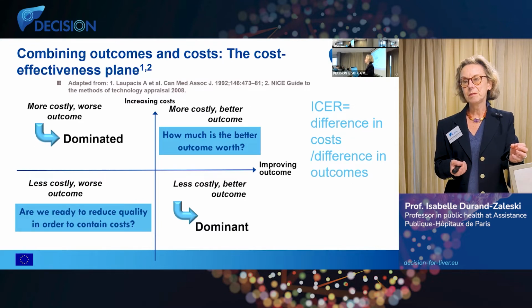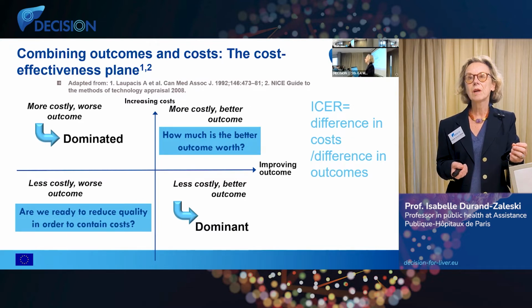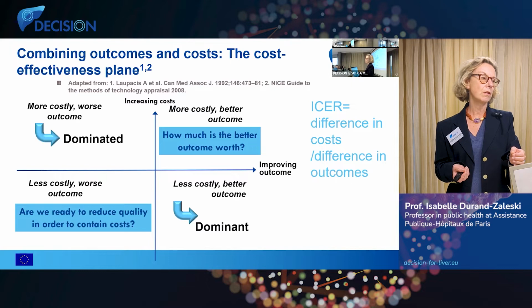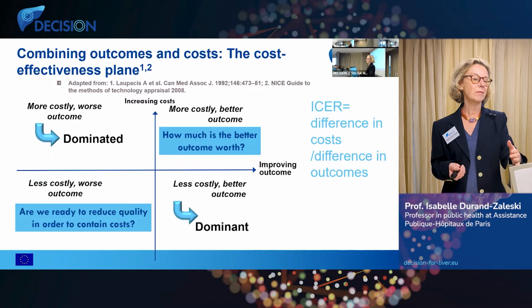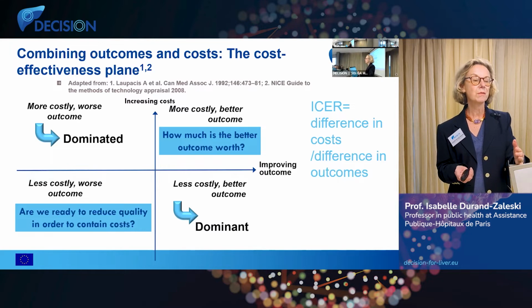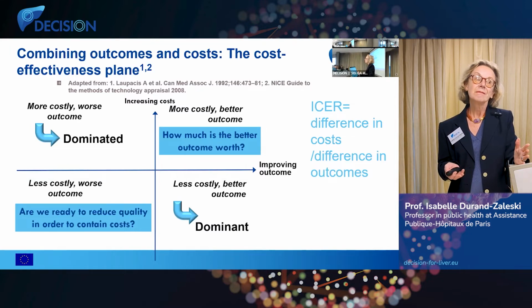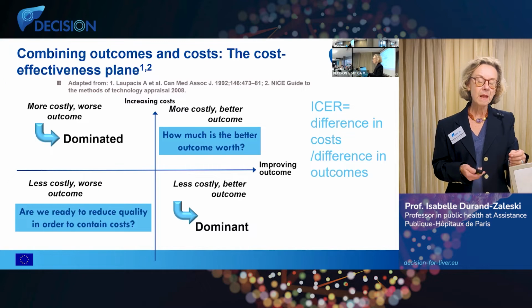So you have four possibilities, too easy, too difficult. If we start with the easiest one, which is the top left, this never happens for drugs unless the manufacturer has made a big mistake, because in that case, the drug should never be out. Normally, if the strategy with a new drug is more costly and less effective, it should never see light. The other possibility, which is the easy one, is the bottom right.